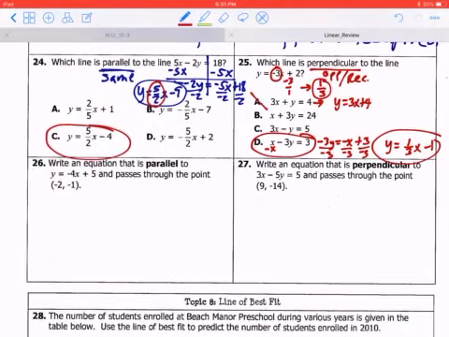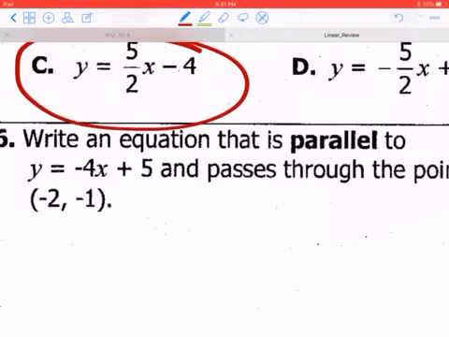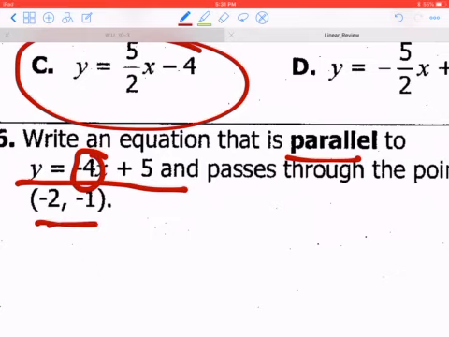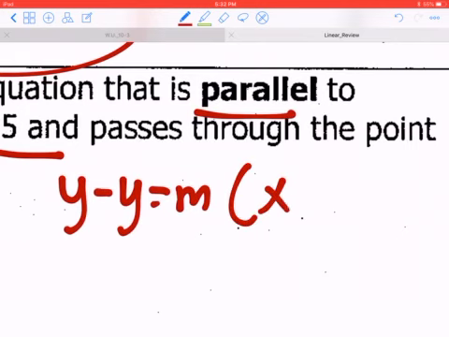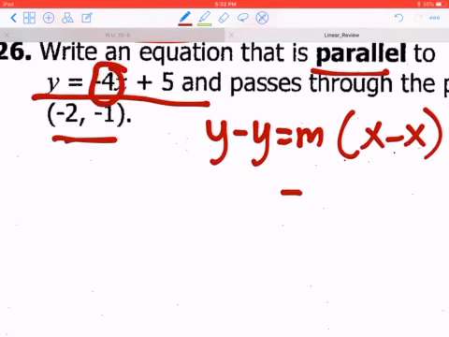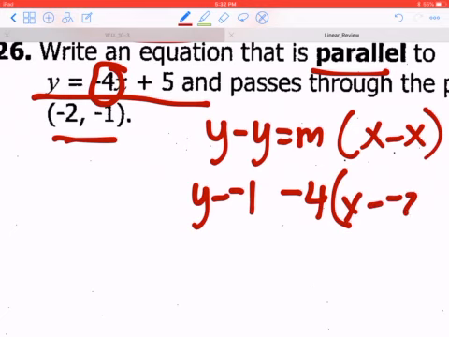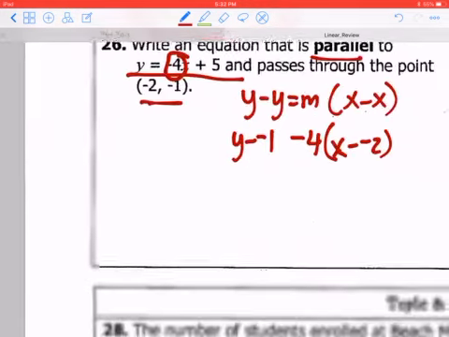Number 26, write an equation that is parallel to this equation. So again, it has to have negative 4 for slope and passes through this point. So if it's parallel, we're looking for y minus y1 equals m times x minus x1, because it has to pass through that point. We already know that if it's parallel, it has to have the same slope. So y minus negative 1 equals negative 4 times x minus negative 2, and then we solve.